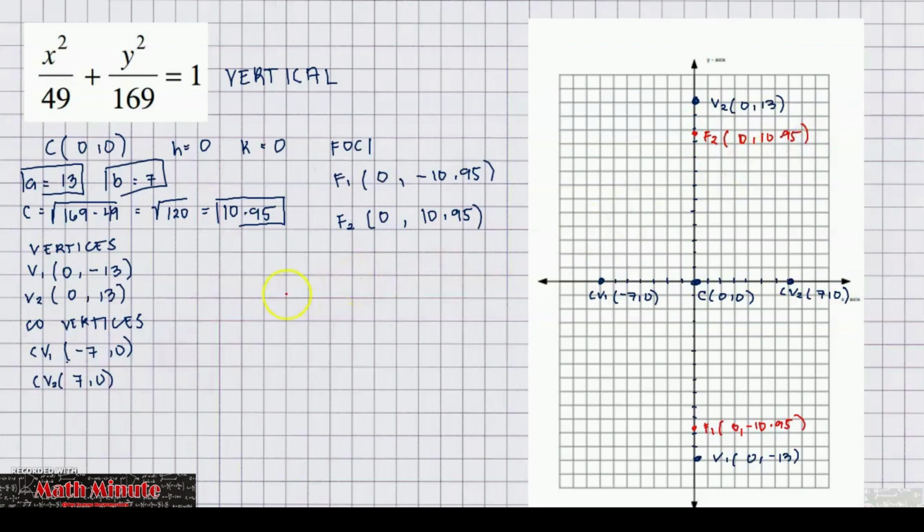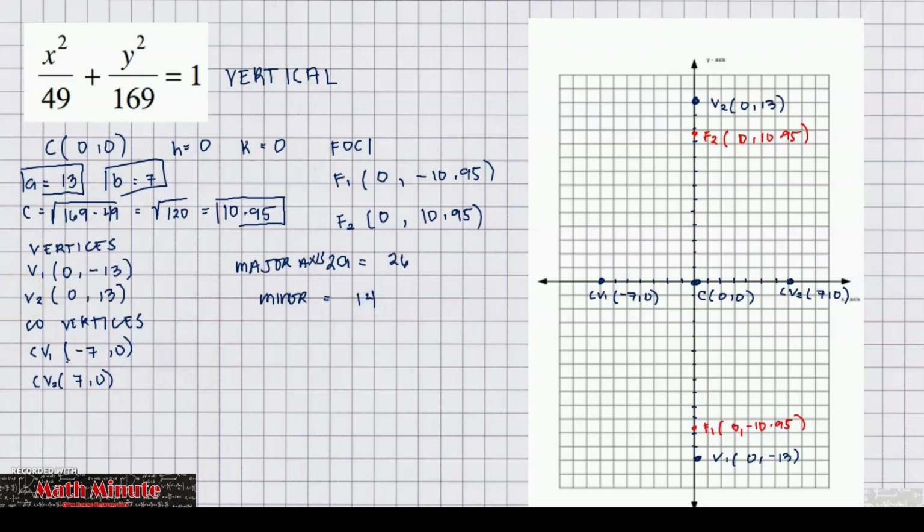10.95. For your major axis, it's twice of a. Twice of a is equal to 26. I will write it here. It's your major axis. For the minor axis, it's twice of b, which is 14.